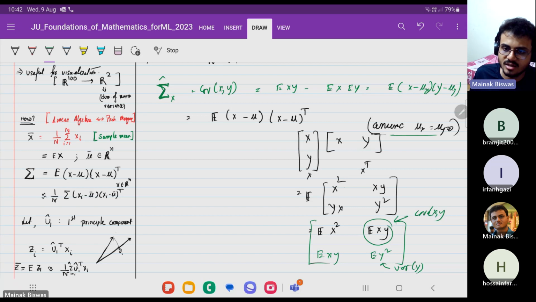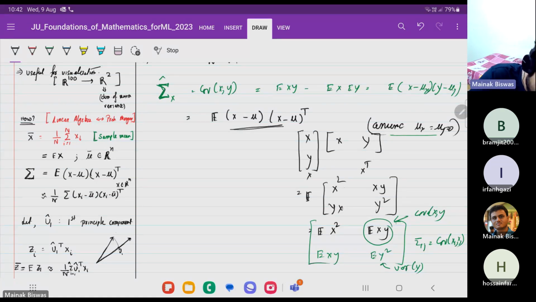We have discussed this, right? So your element ij will be the covariance of xi comma xj, the ith random variable and jth random variable, correct? So this is your covariance matrix.